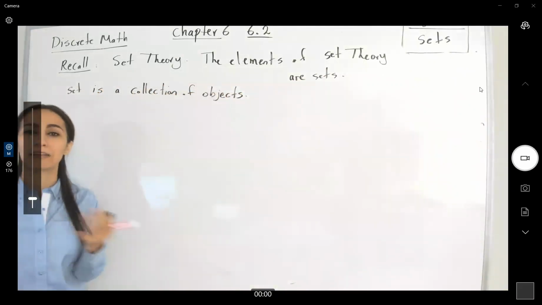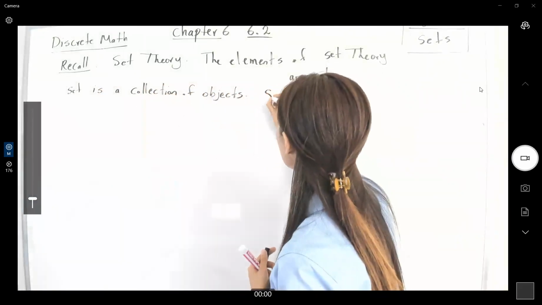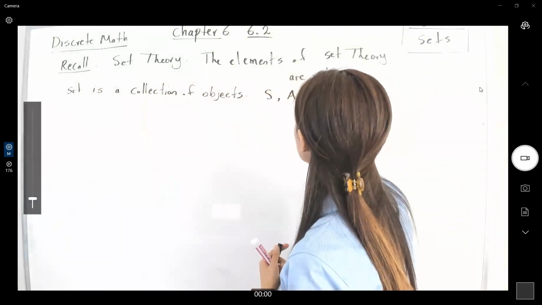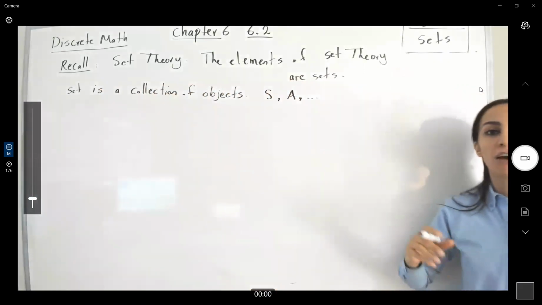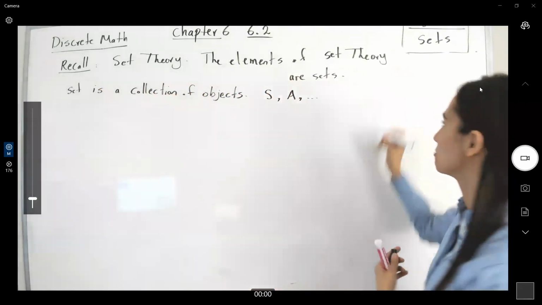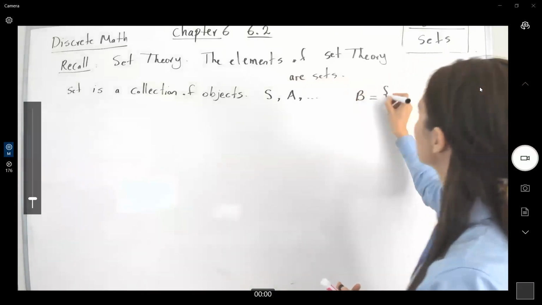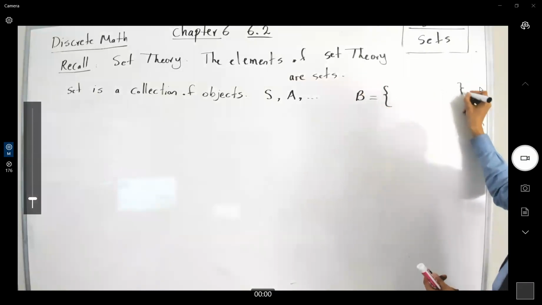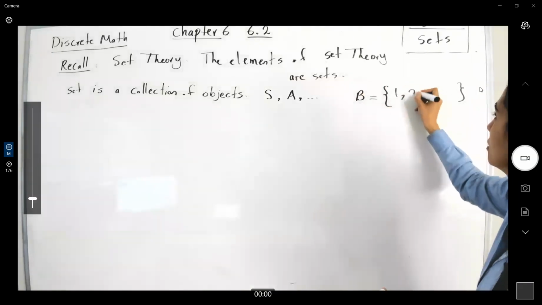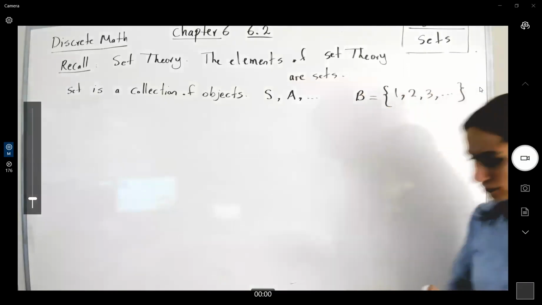Remember that when we're talking about sets, we use capital letters like S, A, and so on, and we represent the set using curly brackets. For example, set B is the set including some objects like 1, 2, 3, and so on.